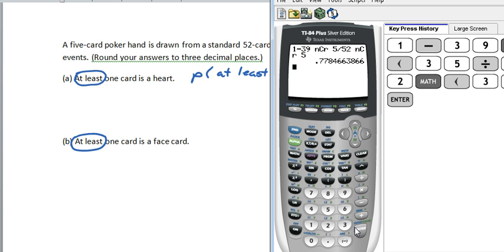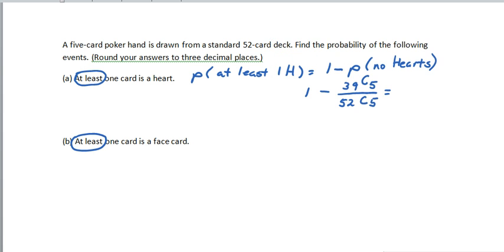And that gives us 0.778. And so we'd have 0.778 is the probability. So the probability is a little bit more than 75%.